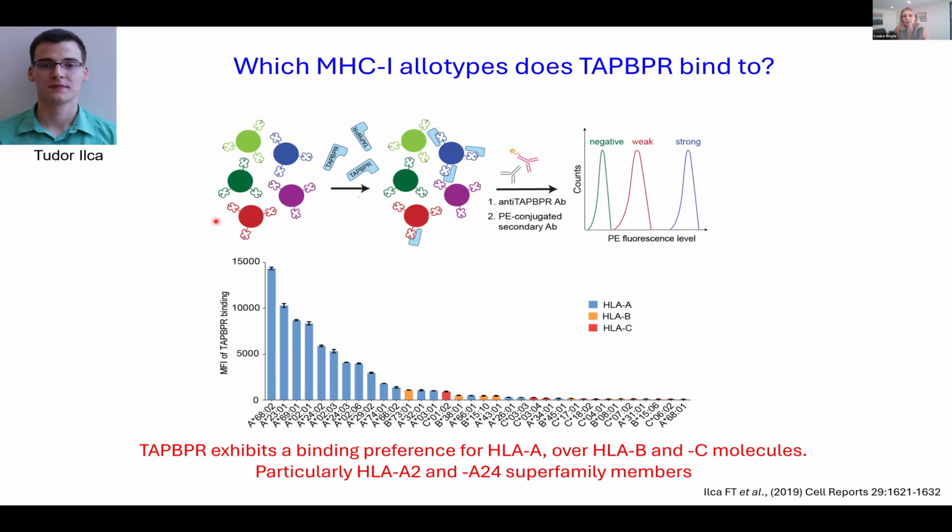This is a flow cytometry based assay that we used to determine if TAPBPR could bind to different HLA. What this revealed was that TAPBPR had a preference for binding HLA-A molecules, particularly those of the HLA-A2 and the HLA-A24 superfamily, while we found it bound much less to HLA-B and C molecules.